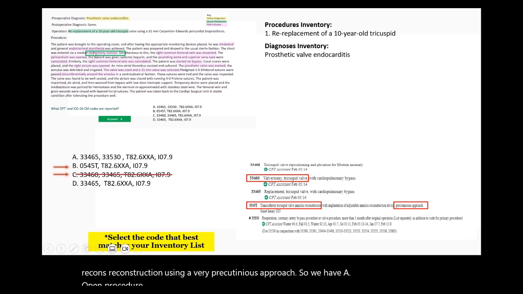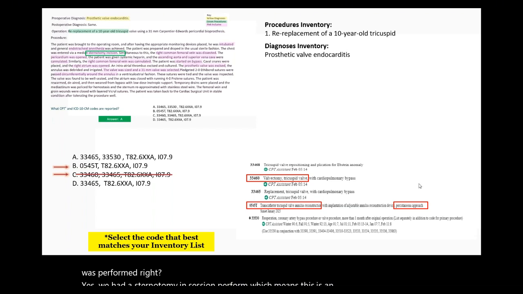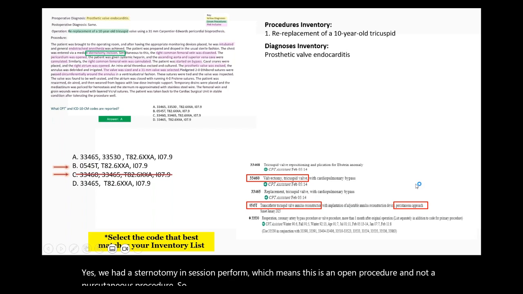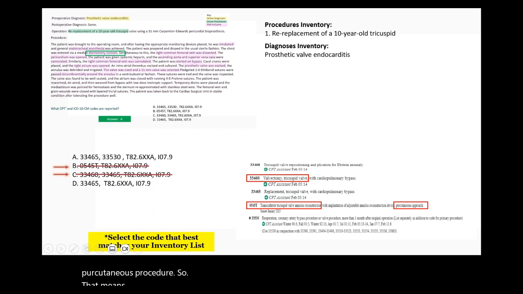Looking into the documentation, we can see a sternotomy incision was performed, right? Yes, we had a sternotomy incision performed, which means this is an open procedure and not a percutaneous procedure. So that means option B is also incorrect.